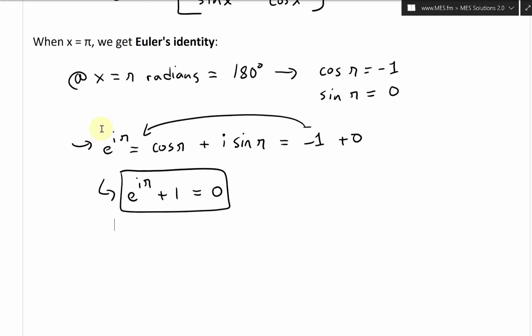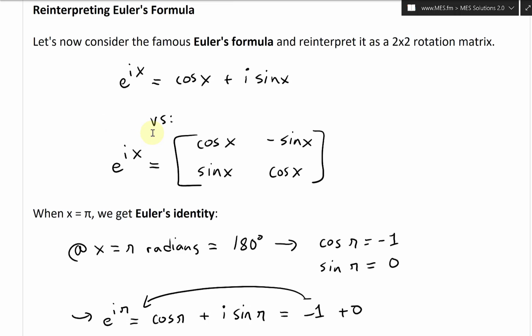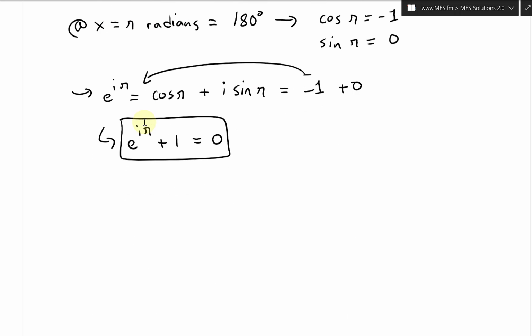Alright, so that's what we have, and instead of saying versus, since we're not going against anyone else, write it like this: or in 2x2 matrix format, or in the rotation matrix format. We could write this as e to the i pi equals cosine pi times 1, plus, with the notation we're used to, sine pi times i.